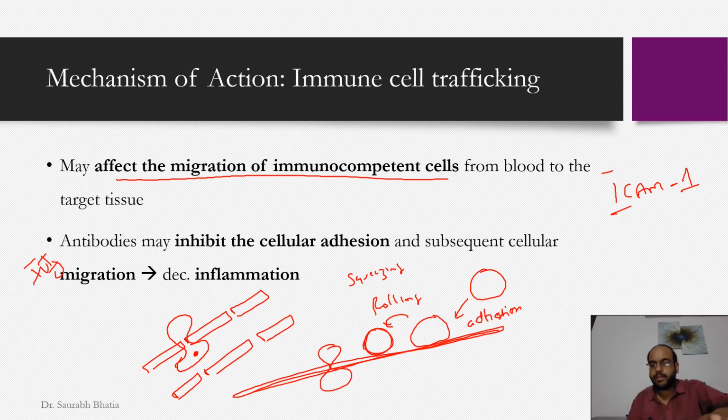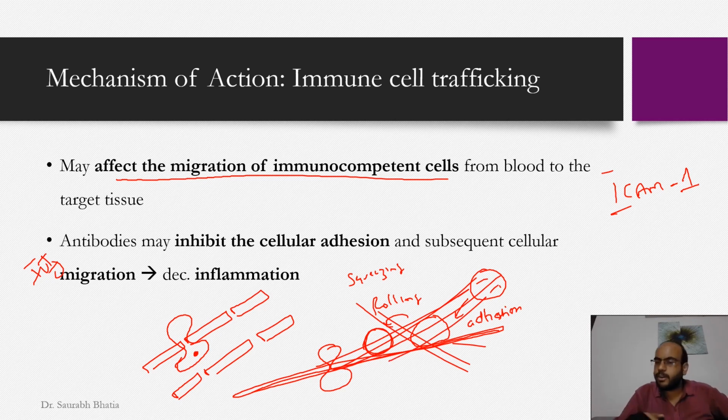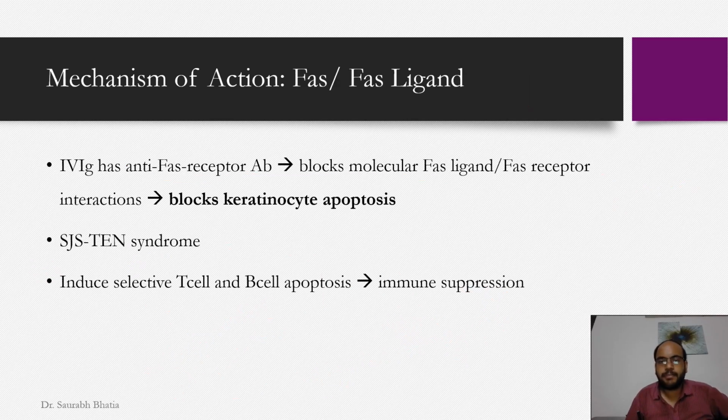There are a lot more steps involved. Maybe if anybody is willing, I can discuss diapedesis and nuclear migration of inflammatory cells. Now, IVIg inhibits this whole adhesion process, and the inflammatory cells are not able to reach the site of injury, and the inflammation is decreased. So immune cell trafficking or immune cell migration is affected by IVIg.